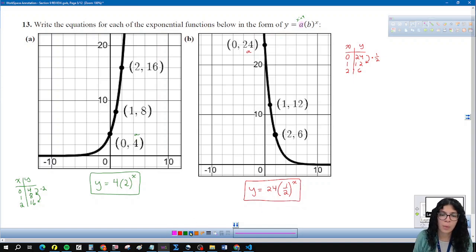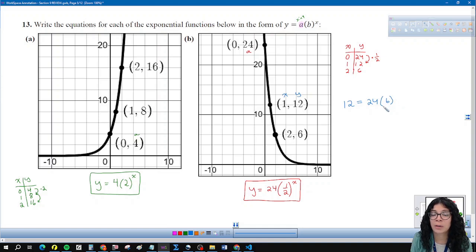The other method to go about this question, if you can't really tell what the growth or decay factor is automatically from looking at the values, you could pick any x, y point. So then plug it into the equation. So 12 equals a value 24. And then in this case, we're pretending like we don't know the growth factor.